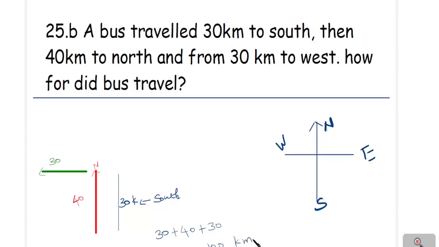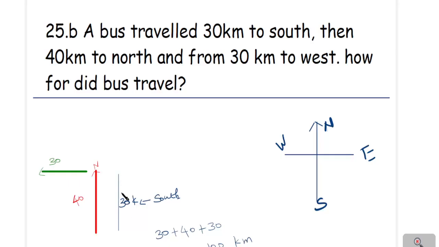Or if it is a question like that, asking the actual distance covered from the starting point, then it starts from here. Initially it moved towards the south 30 kilometers, then returned back to the north position.